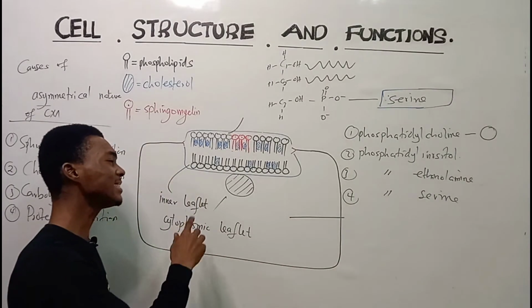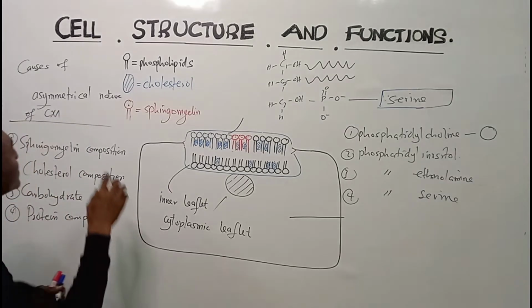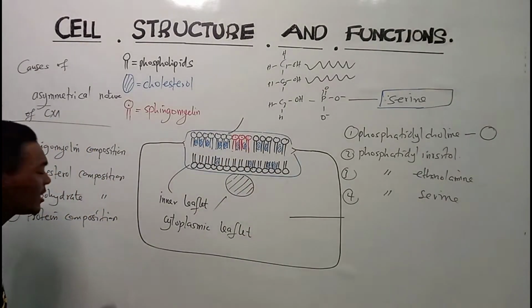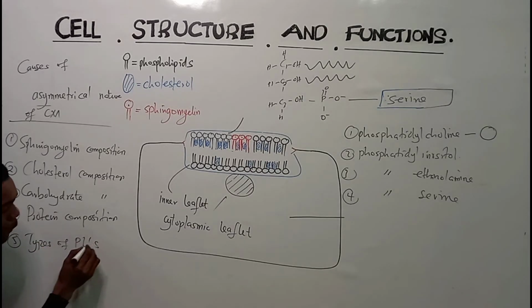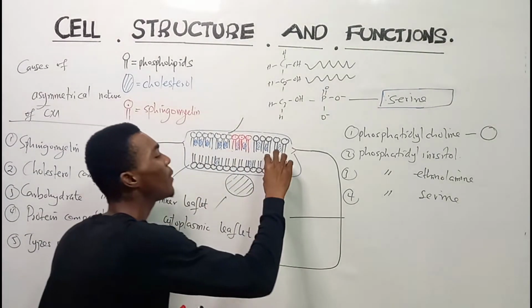And guys, this again applies to the reason why our cell membrane double layers are asymmetrical. So let's add it up over here. Finally, 5: the types of phospholipids found in the outer leaflet are different from the ones found in the inner leaflet.